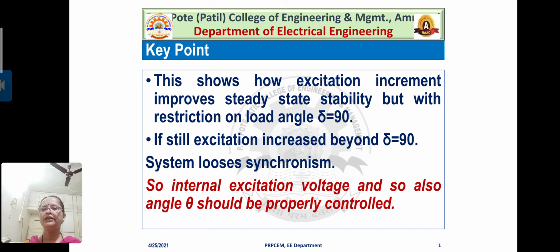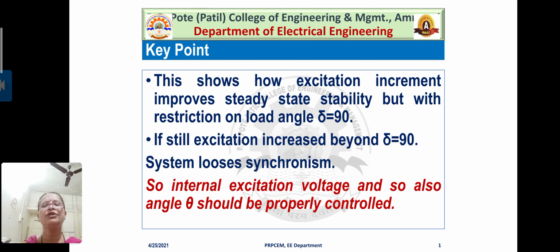So when you observe those power angle curves carefully, you will conclude that power transfer capability can be improved by increasing excitation voltage, but you have to put certain restrictions on the increment of excitation voltage, as we understood from all these power angle curves.